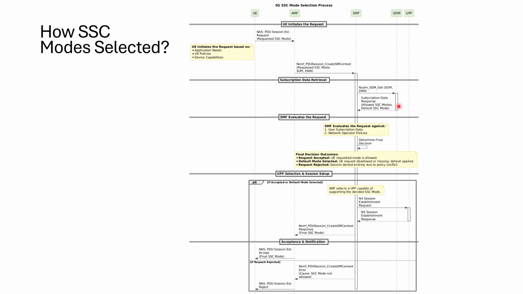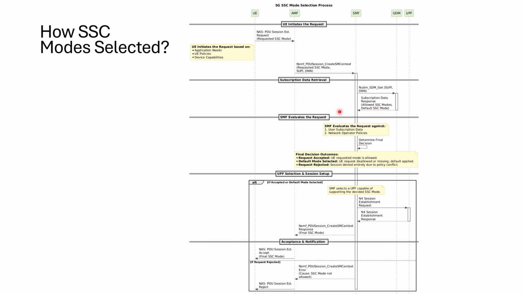Here the UDM is going to return the subscriber profile, which contains two critical fields. The first is the allowed SSC modes, like a list, for example, the subscriber is permitted to use SSC mode 1 and mode 2, but not mode 3.